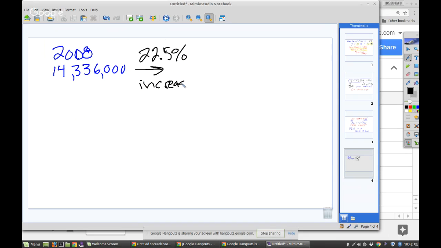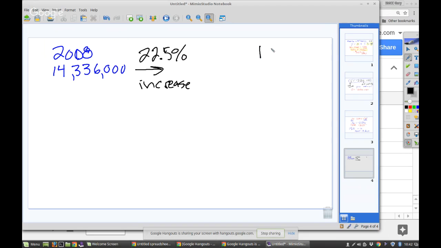There's two ways to do this. One way is to take 22.5% times 14 million and then add it back on to 14 million. What's the way I went over to do this yesterday, thinking about 100%? Anybody remember how we did a percent increase with 100%? Yeah, use 122%, because it's an increase of 22%.